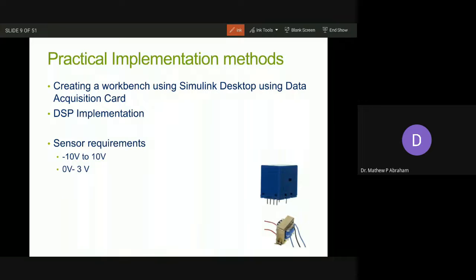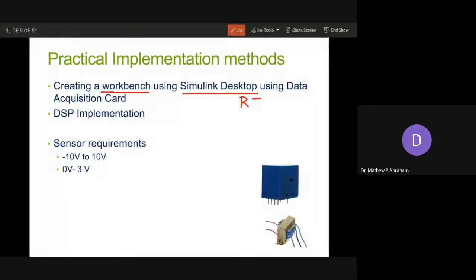So the implementation procedure will be described in two manners in this lecture. First of all, I will be discussing creating a workbench very easily. Creating a workbench is very easy using what is called the Simulink desktop environment in MATLAB. It was earlier called the real-time workshop, RTW, in MATLAB.